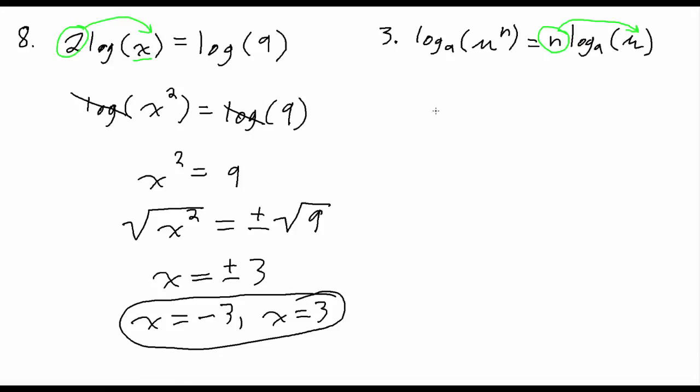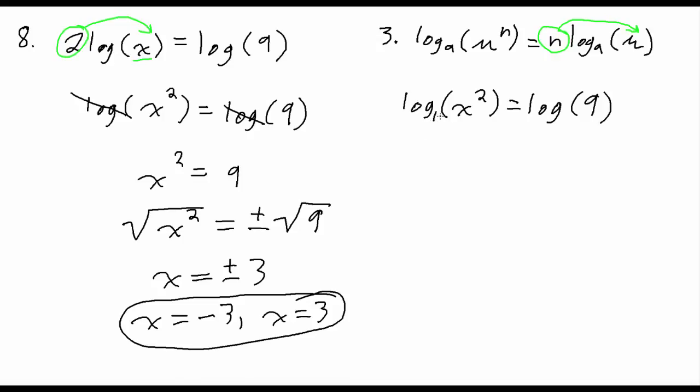Let me quickly show you the non-shortcut method in case you didn't quite understand what we did over here. This step stays the same. We move 2 to the power position, leaving us with log of x squared equals log of 9.